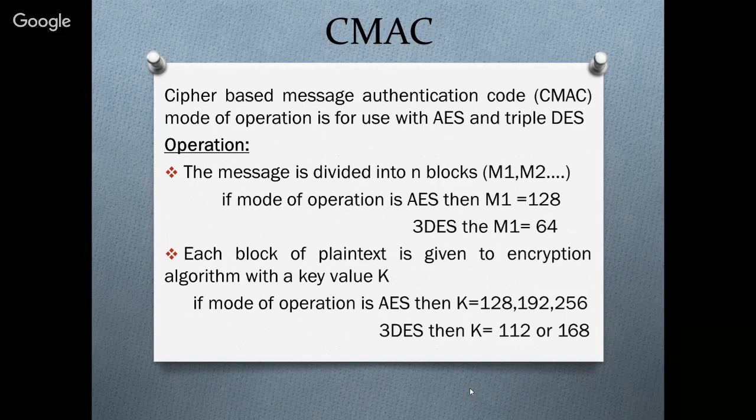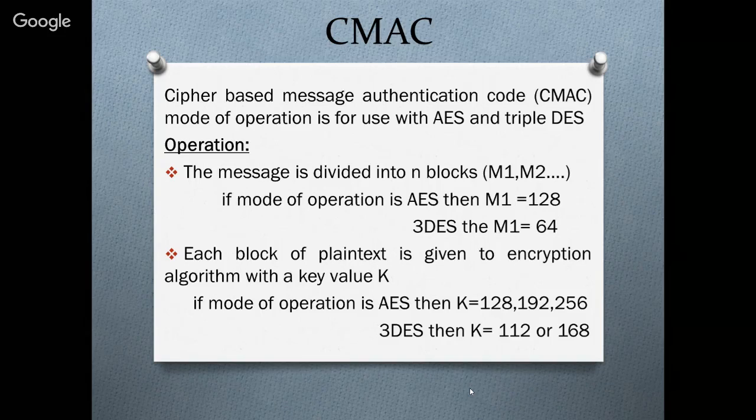Each block of the plain text is given to the encryption algorithm with the key value K. If the mode of operation is AES, the key value will be 128, 192 or 256 bits.